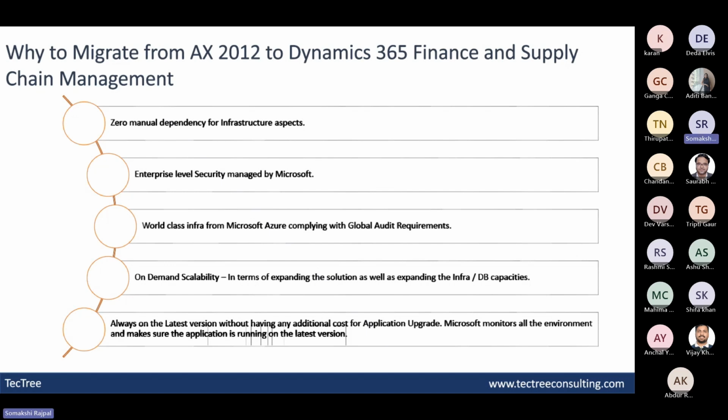And further, on-demand scalability in terms of expanding the solution as well as expanding the infrastructure and database capacities. If we look at Dynamics AX 2012, scalability was a big concern. Dynamics 365 now allows you to scale your business sales and scale your services as your business grows.